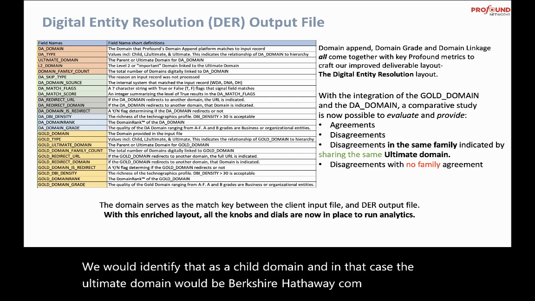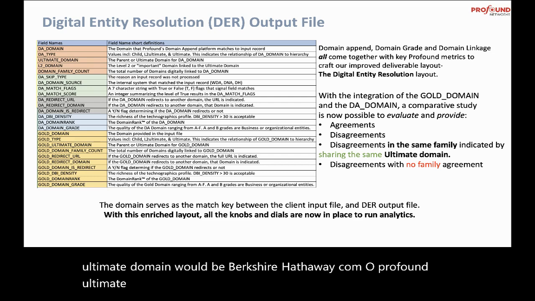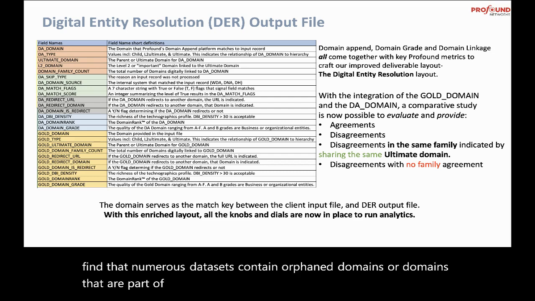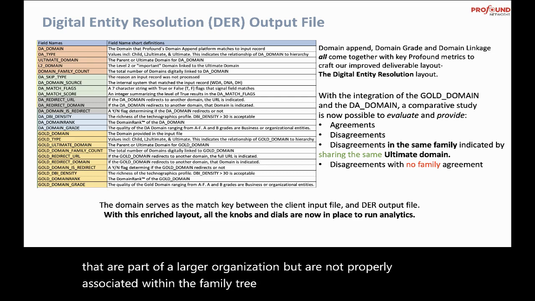So Profound's ultimate domain library will give you the added benefit of linkage. We find that numerous data sets contain orphaned domains or domains that are part of a larger organization but are not properly associated within the family tree, the digital family tree.